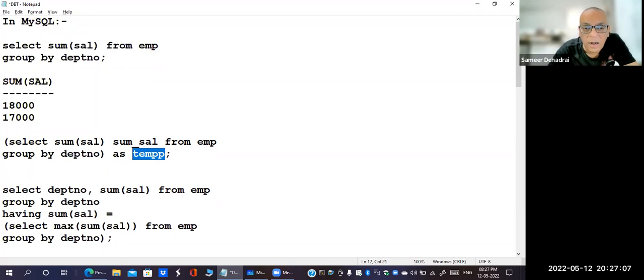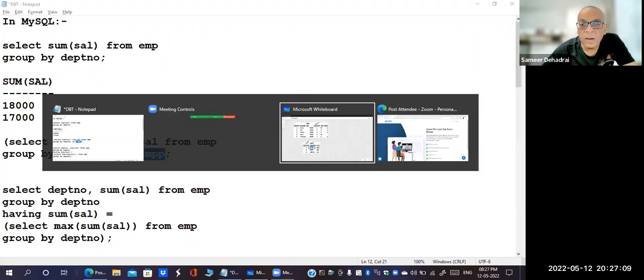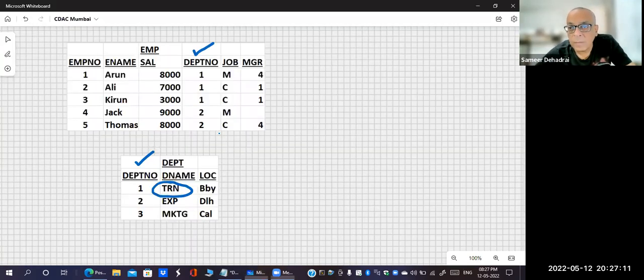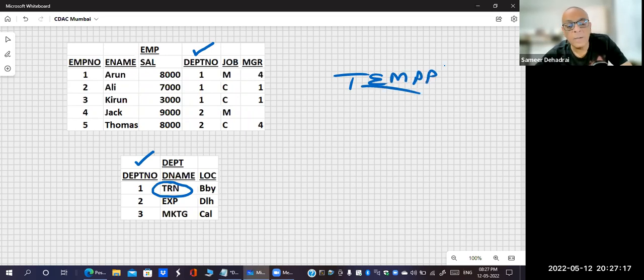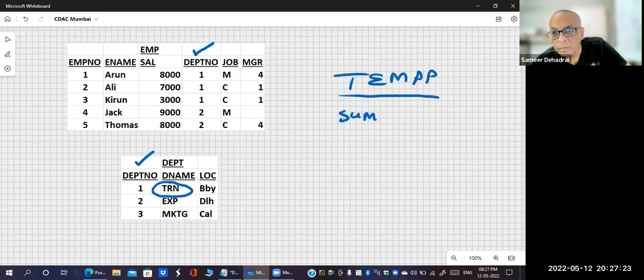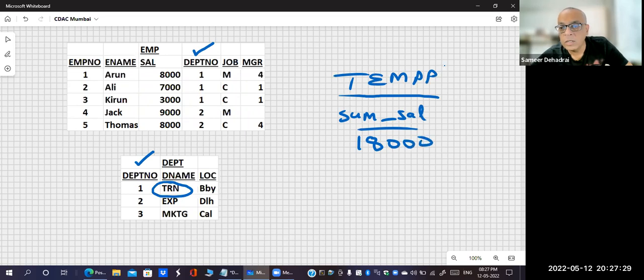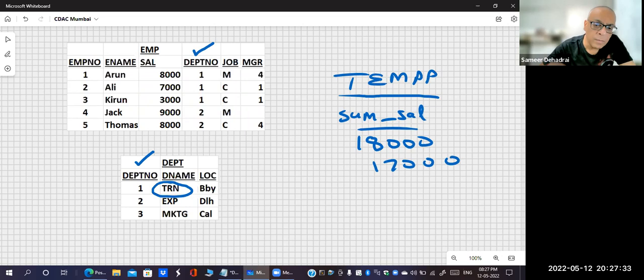It is there in server RAM. What will this temp table contain? It will store sum underscore sal: 18,000, 17,000. This is a temporary table.